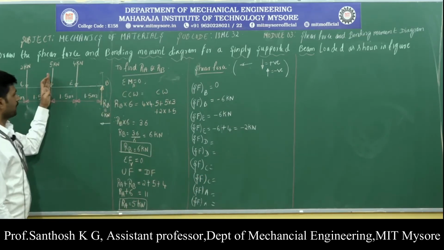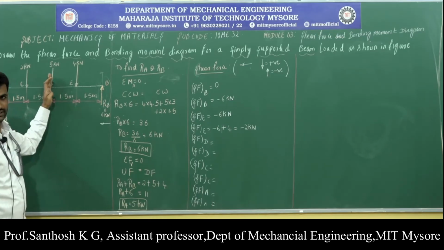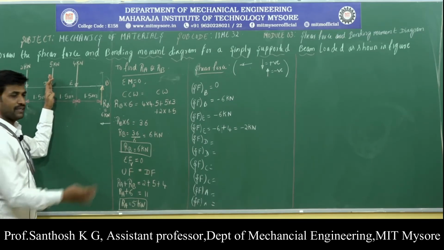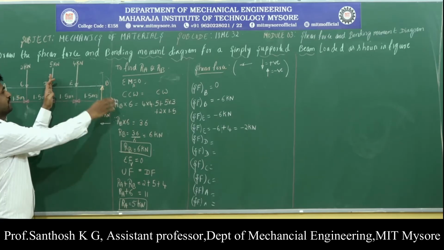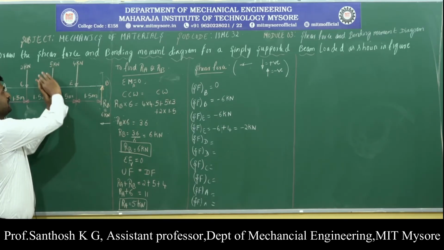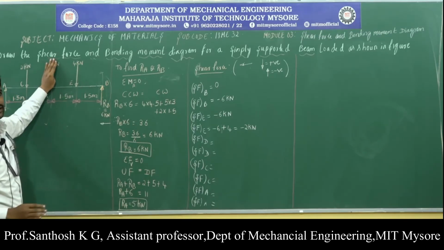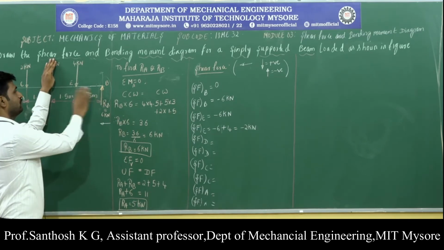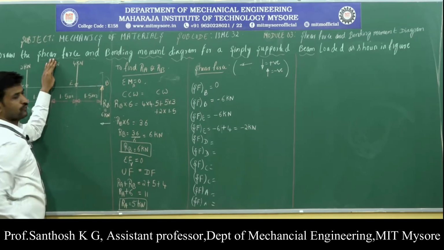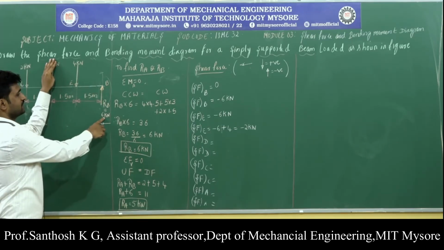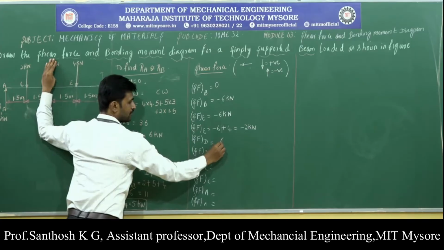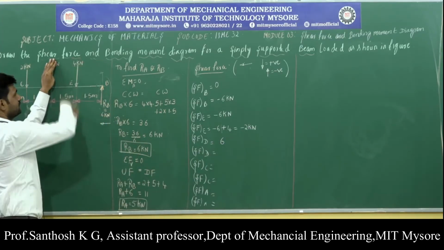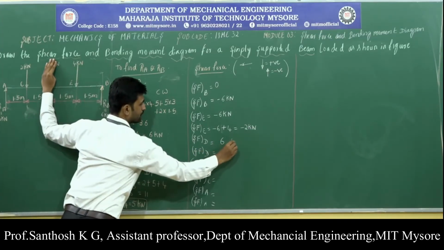Similarly, when you come to point D, first we need to find the summation of shear forces that are acting at point D by neglecting the shear force that is acting at D. So, when you move from right to left, we get only two shear forces. One is 6 kilonewton and another one is 4 kilonewton.